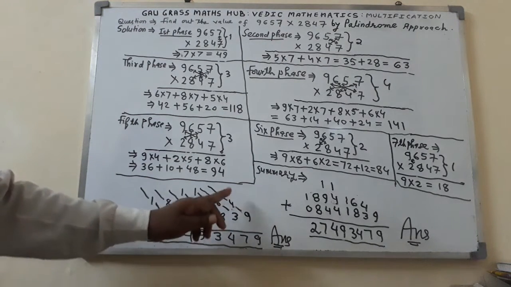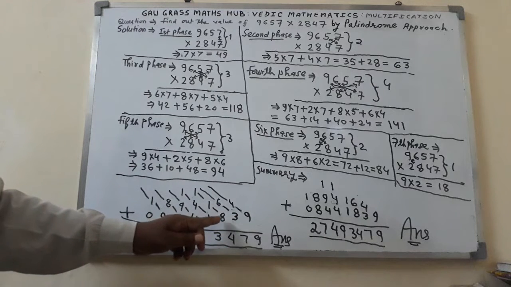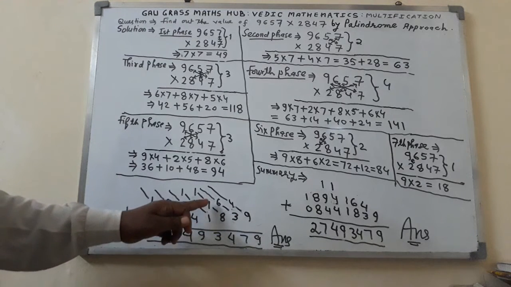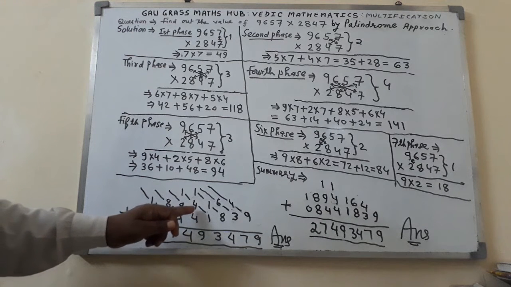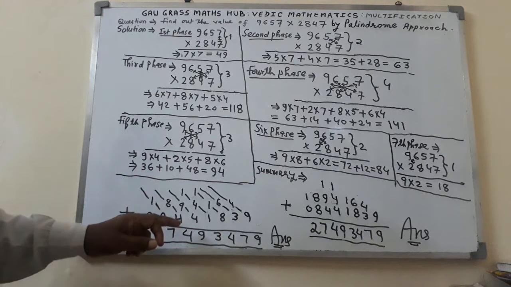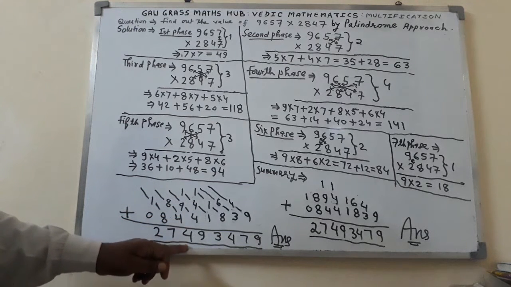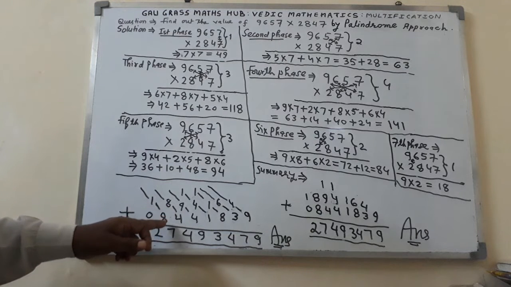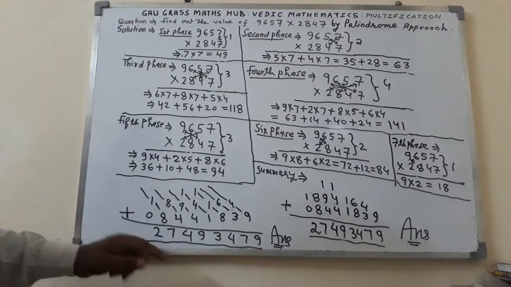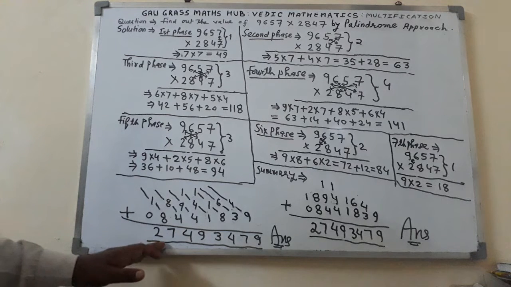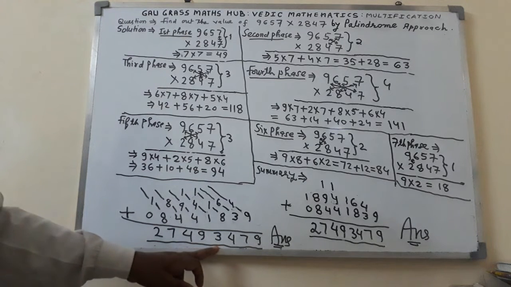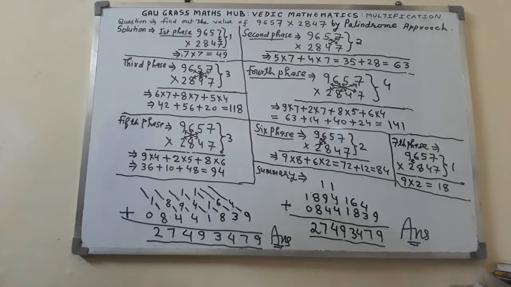Just calculate 9, 4 plus 3, 7, 8 plus 6, 14, carry 1, 1, 2, 3, 3, 8 plus 4 plus 4, 8 plus 1, 9, 9 plus 1, 10, 10 plus 4, 14, carry 1, 9, 9 plus 8, 17, 17, carry 1, 1, 1, 2. You have got 27, 49, 34, 79. That will be the correct answer we have got.